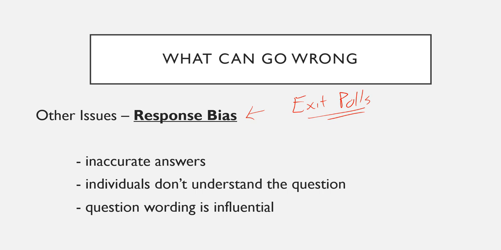They knew what the question was. Maybe they just didn't want to actually say who it was. So there's a pretty significant example right there where all the big news outlets were pretty confident that we were going to have a different president based on exit poll data. But again, I think that's a great example of inaccurate answers. People really just straight up lied and said, yeah, I voted for somebody else. And then here we are today.